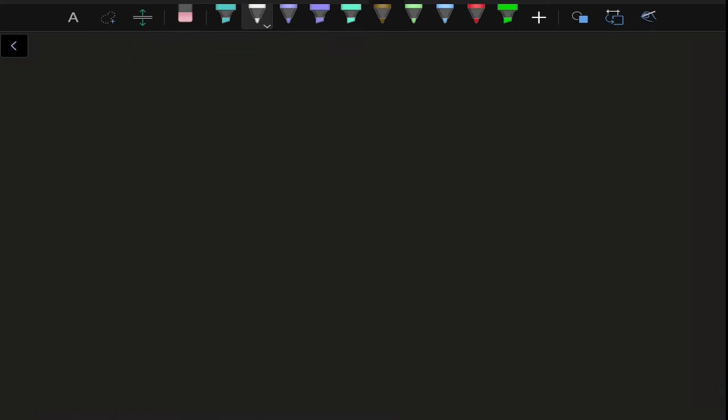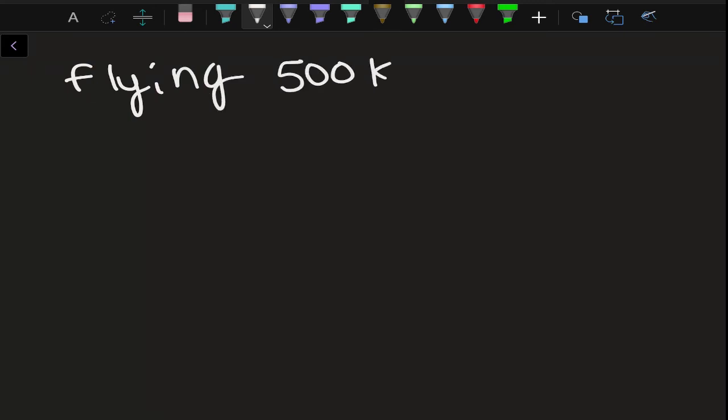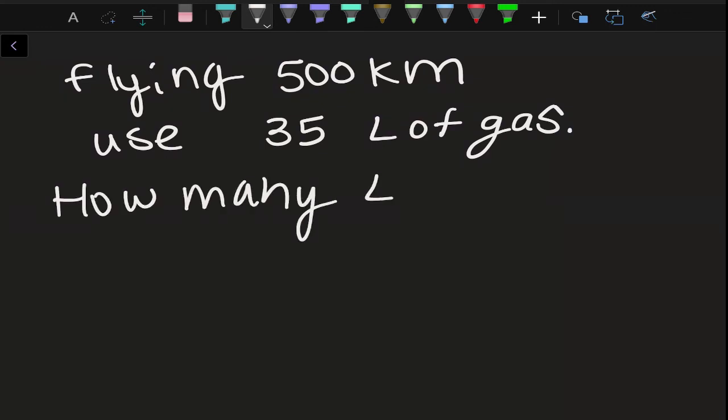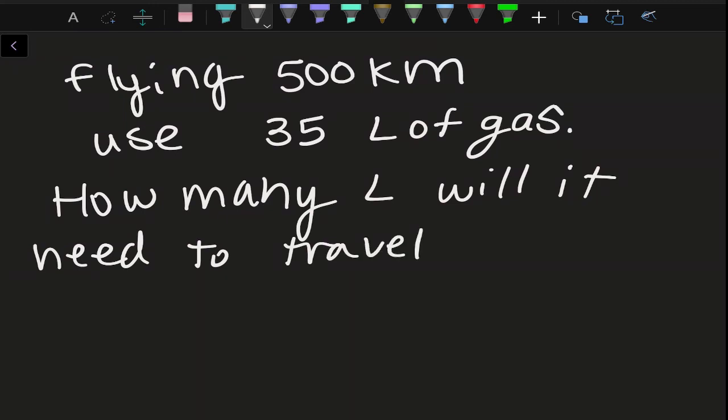Now our last example of proportions, we have an airplane flying 500 kilometers, that's a distance. And it's going to use 35 liters of gas. So how many liters will it need to travel 1,100 kilometers?